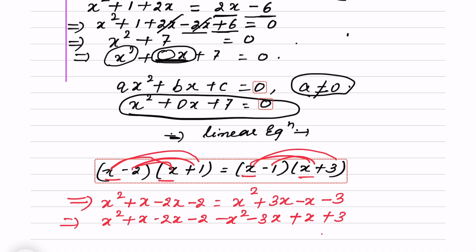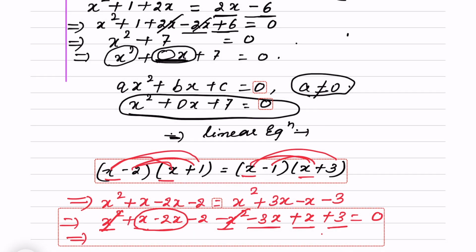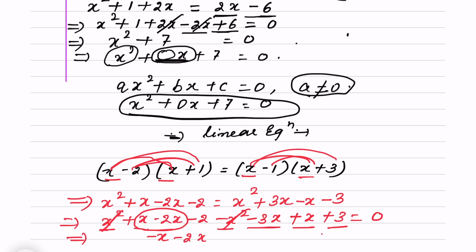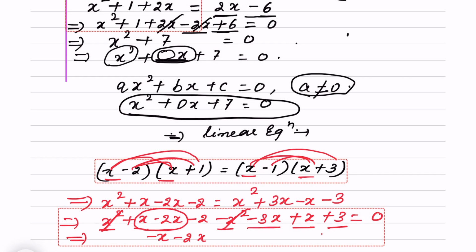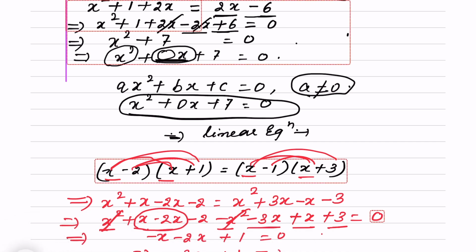So we bring all terms to the left side and add like terms. Just check what we are left with. x square and minus x square will cancel. So all the x square terms with degree 2 cancel, and we are left with only the x term and the constant term. We get minus 3x plus 1 equals 0.